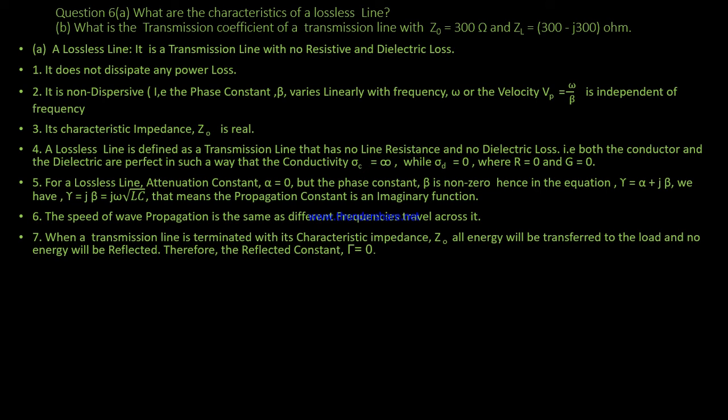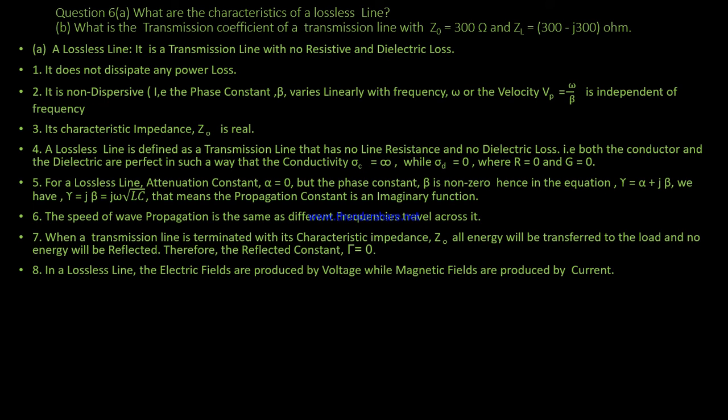Therefore, the reflection coefficient of a lossless transmission line is 0. Number 8, in a lossless line, the electric fields are produced by voltage, while magnetic fields are produced by current.